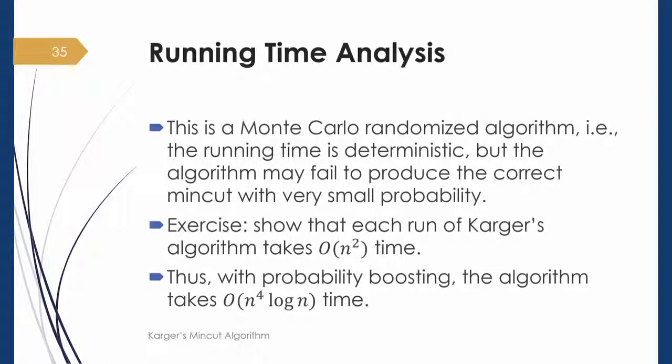You have to be a bit careful about this, but it is not hard at all. And if each execution takes order n squared time, and we are going to repeat this something like c times n choose 2 times log n times, therefore, the total running time ends up being O of n to the 4 times log n. So, this is the running time.